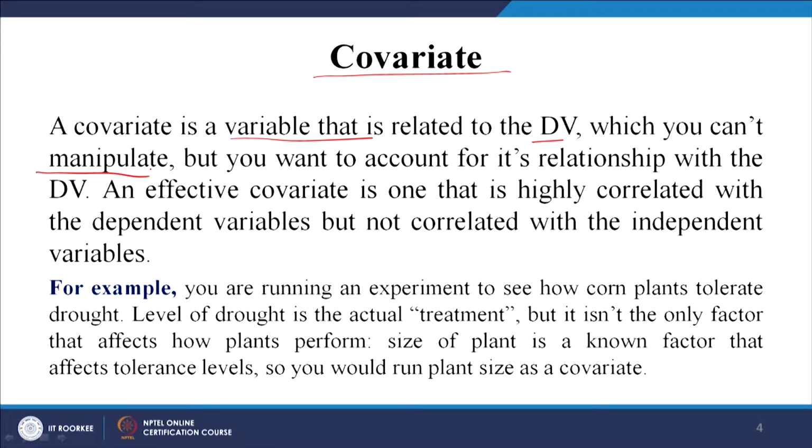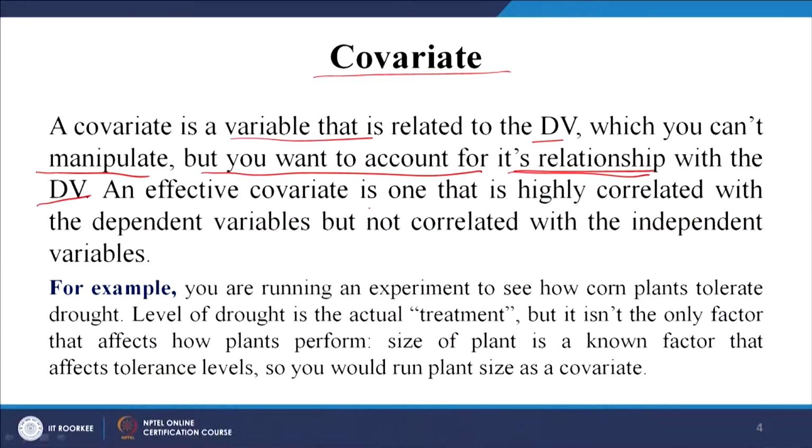You cannot manipulate it, that is the data given to you, but you want to account for its relationship with the dependent variable. Although you cannot manipulate it, you want to know how many courses this boy has taken and how many courses this girl has taken, because the number of courses they have taken will have a bearing on the dependent variable. So, this relationship is important for us.